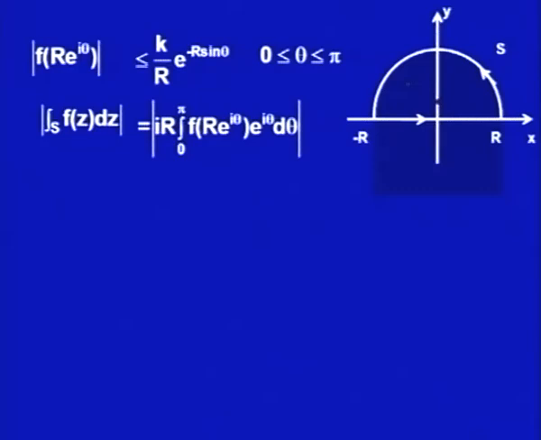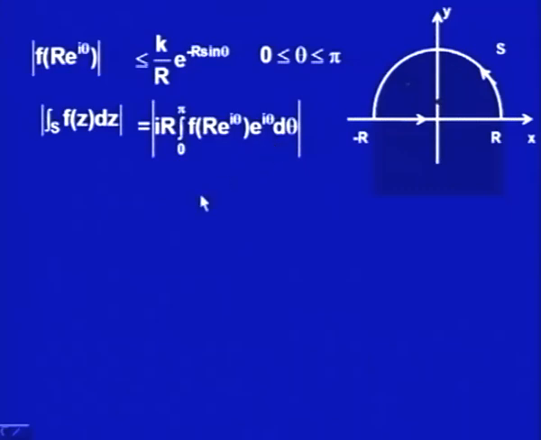So I can take this i and r outside. Now, take the absolute value; say this is x and this is y, so it would be the absolute value of x into the absolute value of y. The absolute value of i r would be r only, times the absolute value of the integral from 0 to pi of f of r e to the power i theta times e to the power i theta d theta.